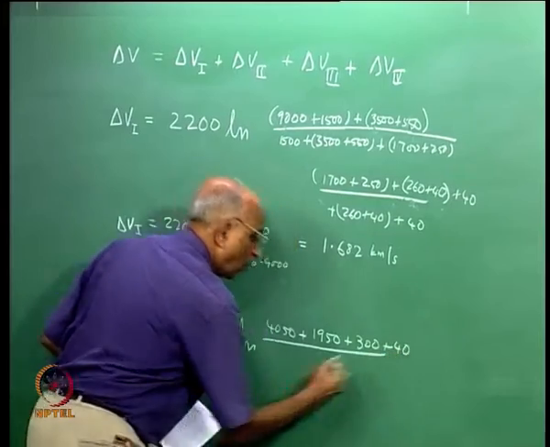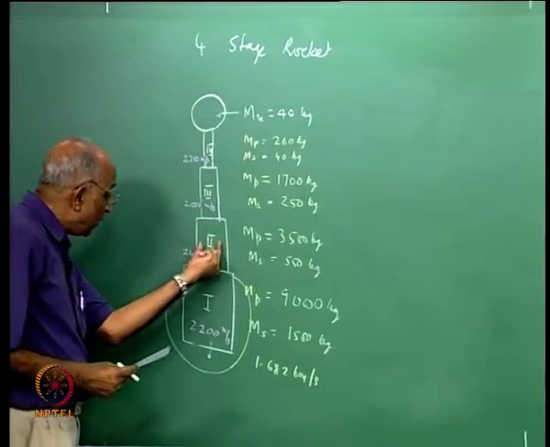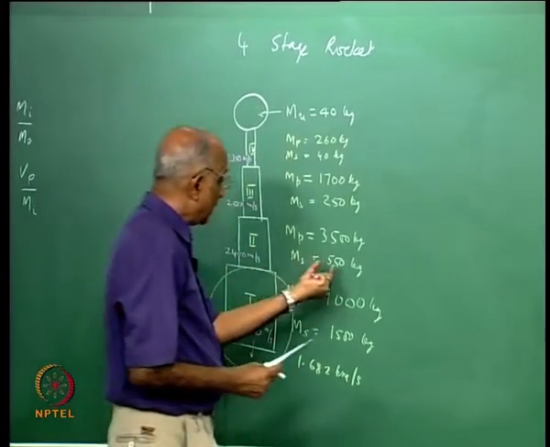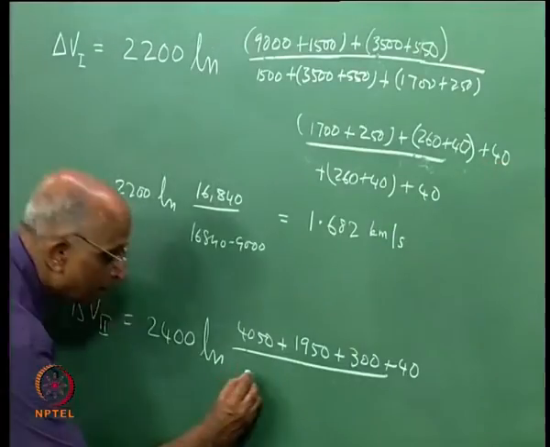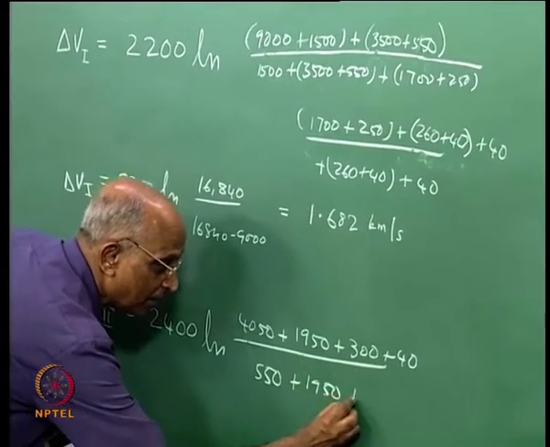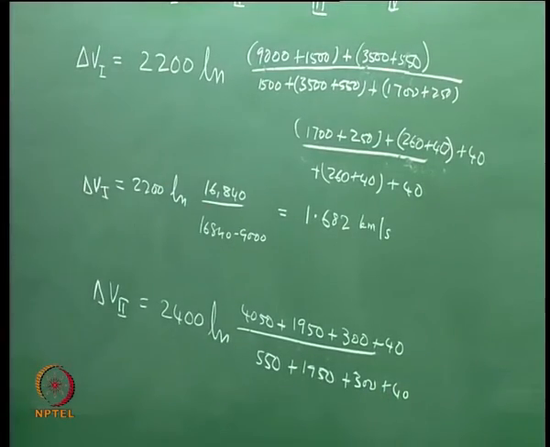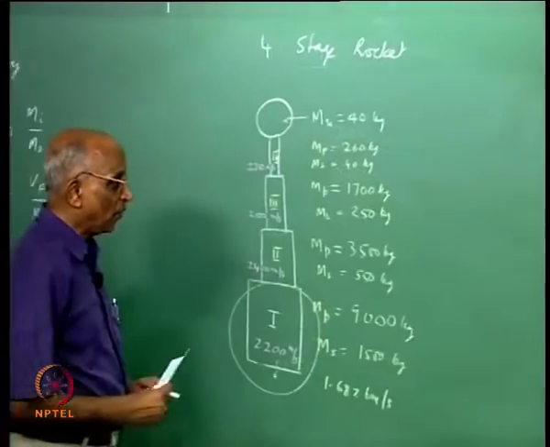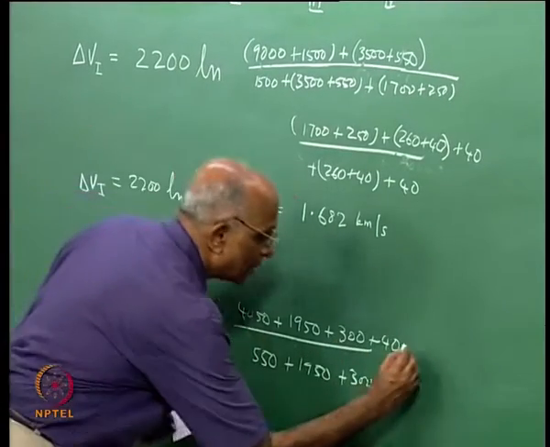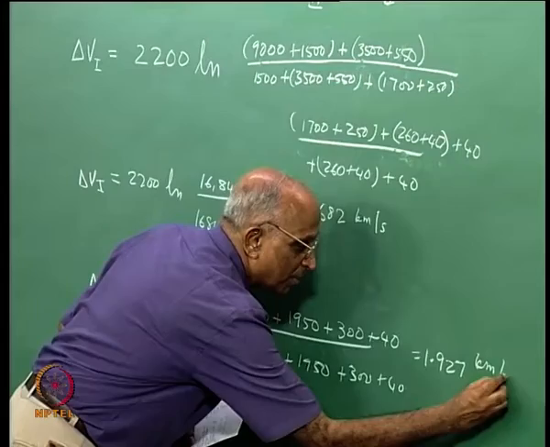plus useful payload 40. And what is the mass when the second stage has stopped functioning? Only the inert weight is left, that is 550 kg, plus the upper stages are still there, plus 300 plus 40, and therefore this will give me the value of 1.927 kilometers per second.